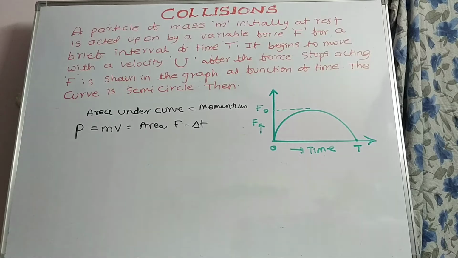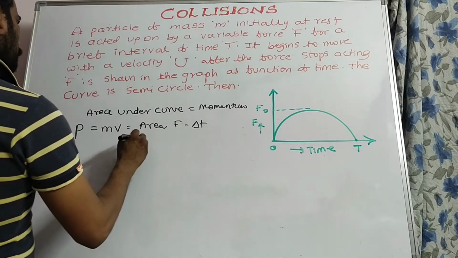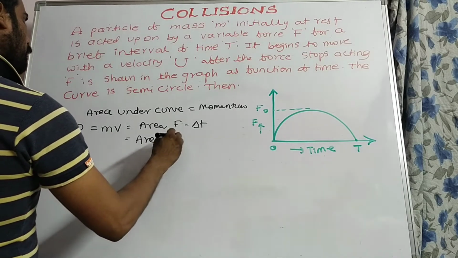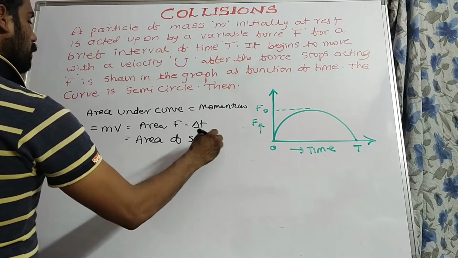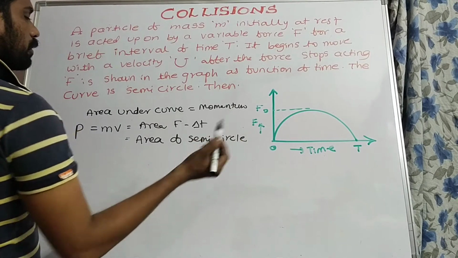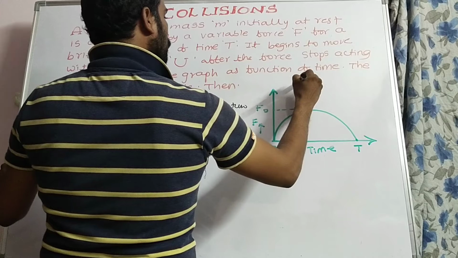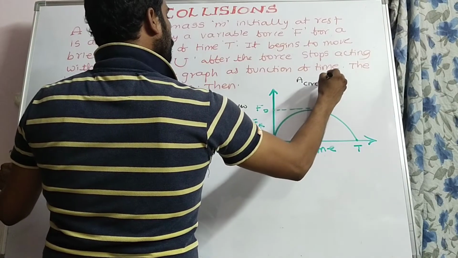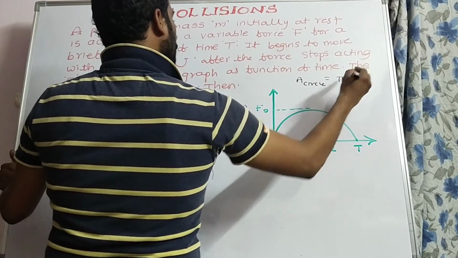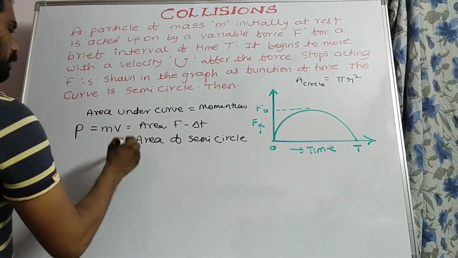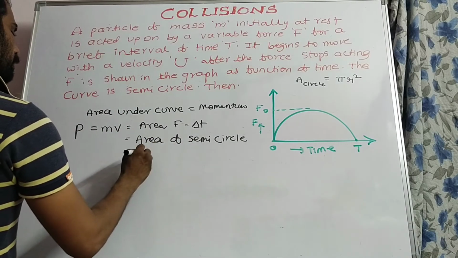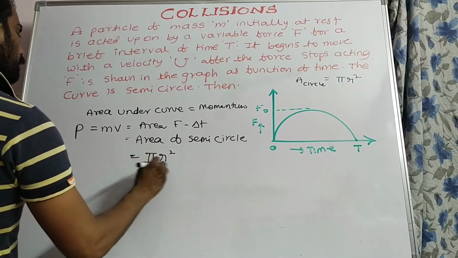That is equal to the area of the semicircle. In general, the area of a circle is equal to pi r squared. But here it is a semicircle, that's why you have to say pi r squared by 2.